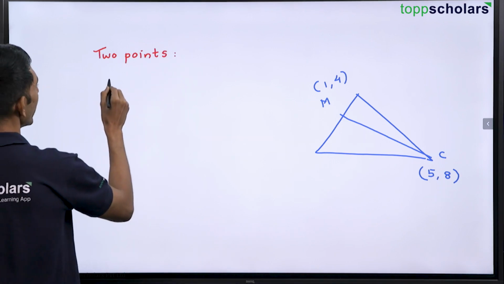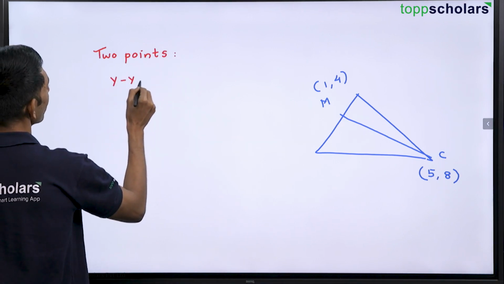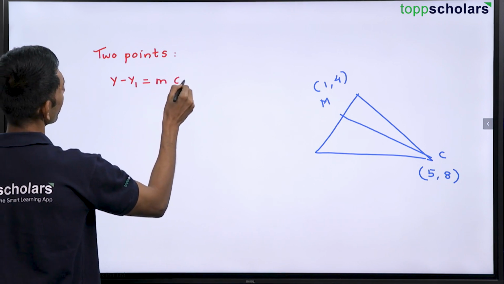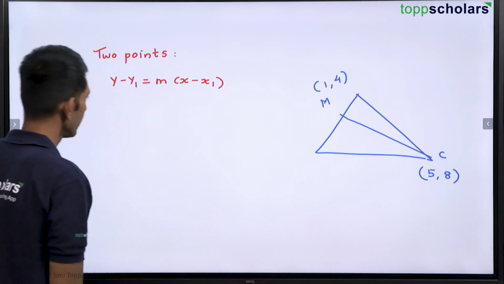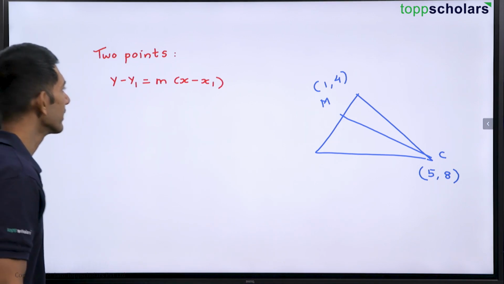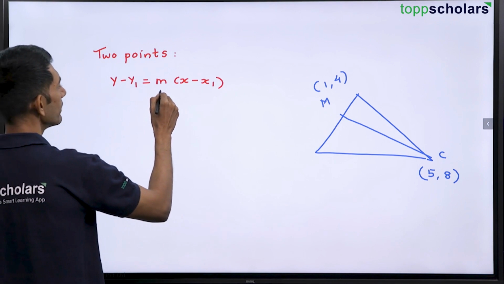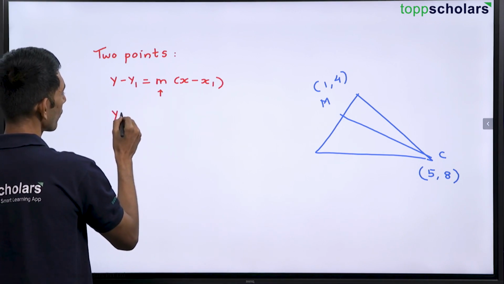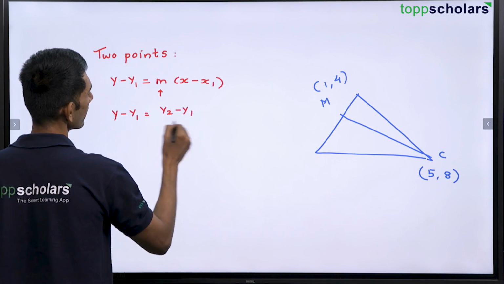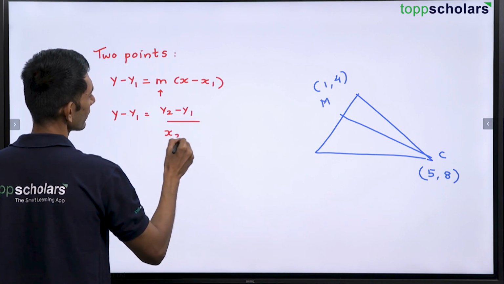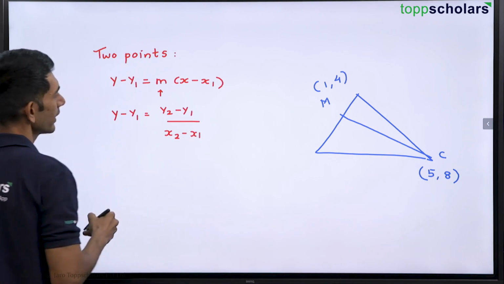See, we already know that y minus y1 is equal to m in the bracket x minus x1 is the formula to find out the equation of a line. But how do we find out m? We know that m can be found out by y2 minus y1 by x2 minus x1, correct?